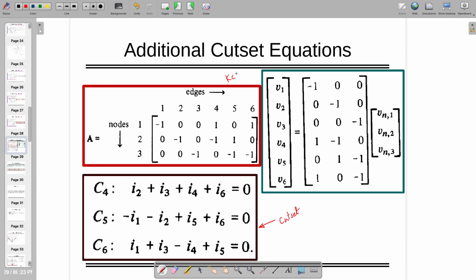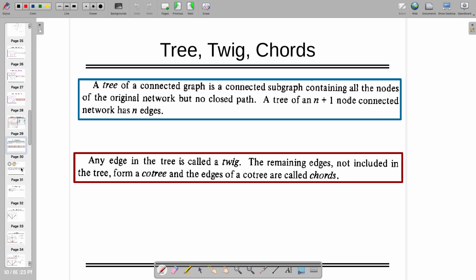These two are the KCL and KVL based incidence matrix, right? Okay, so now let's revisit some of the names.